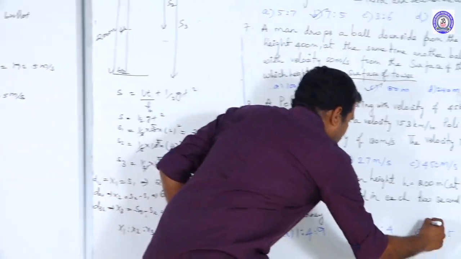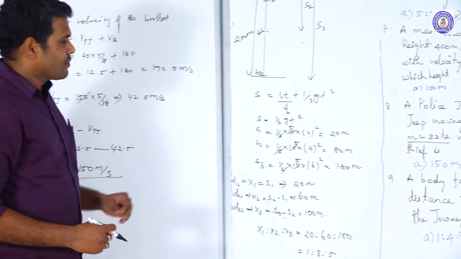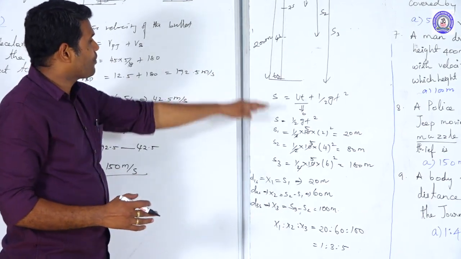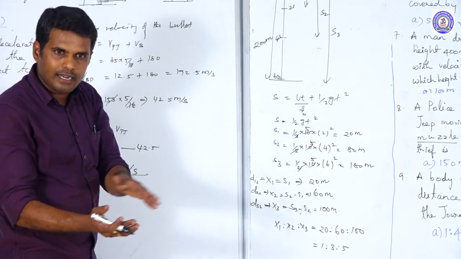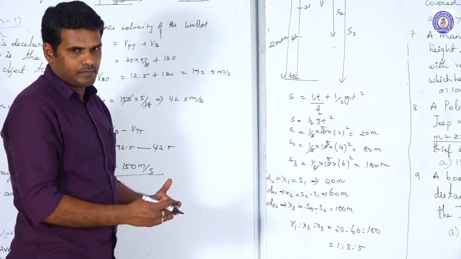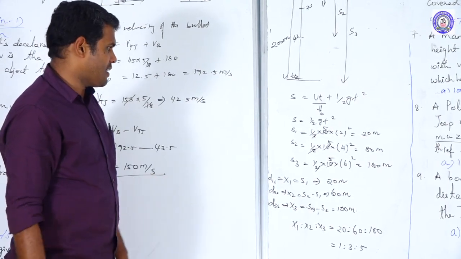The same problem can be asked in a different form. That is, what is the relation between the distances covered in the first 2 seconds, next 2 seconds, and then next 2 seconds? How will you relate the distances traveled?